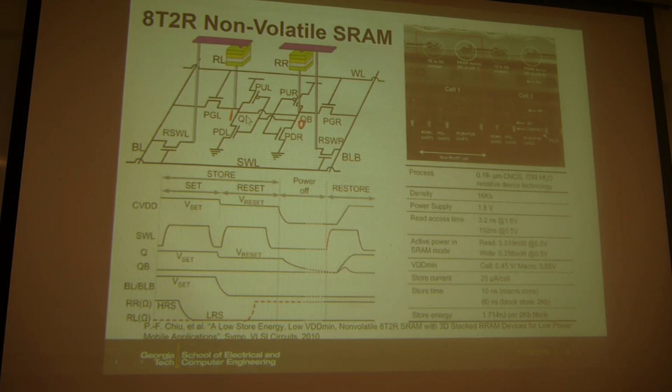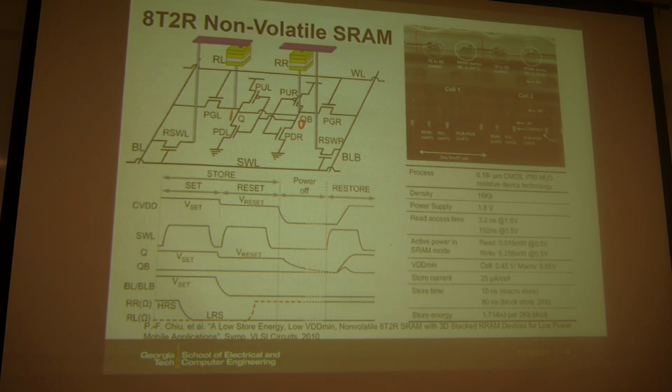So before you power off, you need to save this data to the RRAM, the RL left or RR right. So you need to save the 1, 0 to those two. Okay. So how do you do this? You can first enable the SWL here.